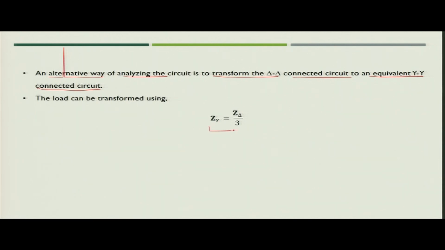In that case, your load will be ZY equal to Z delta by 3. This is what we can get from the star delta transformation. When you convert the delta delta connected circuit into a star star connected circuit, you can simply analyze it as we discussed in case of the star star connected circuit in the last lecture.